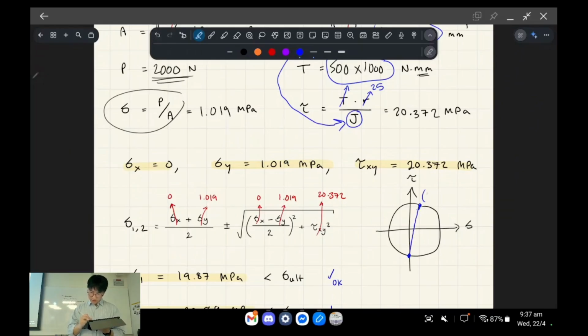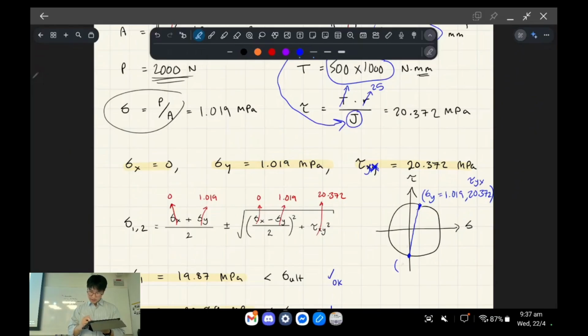So we found out that sigma y is 1.019, and let's just take that as yx. Again, it doesn't really matter, it matters more the magnitude. That'll be 20.372, okay? And down here, so that's sigma yx, okay?